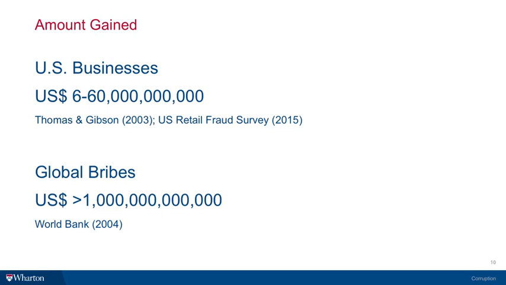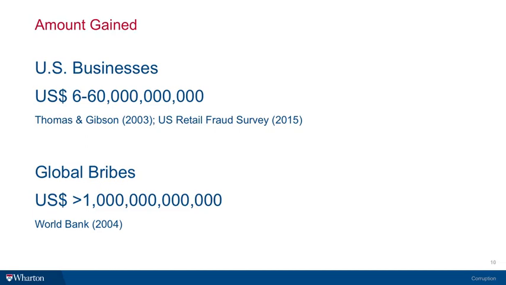So just with respect to businesses in the United States, the amount of gain that employees or agents have accrued each year through the form of corruption defined as theft, the research suggests it's anywhere from $6 to $60 billion per year.